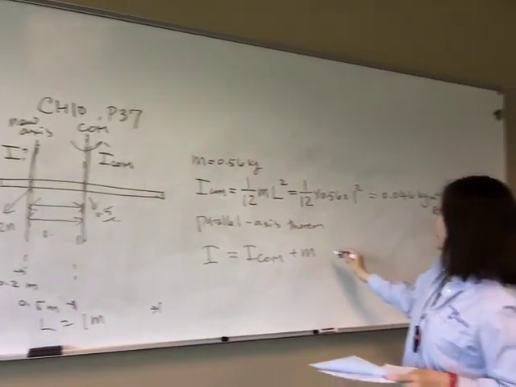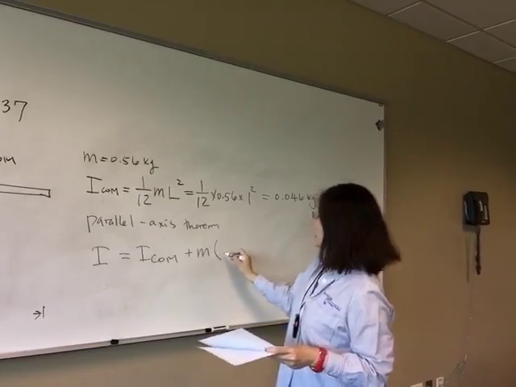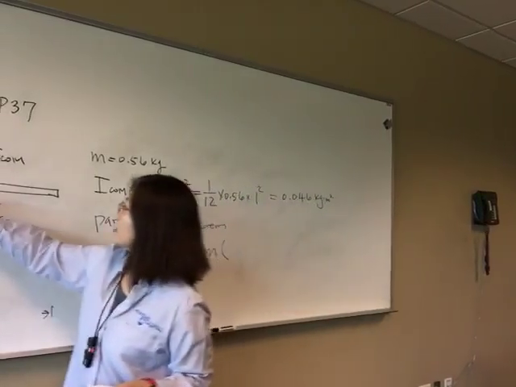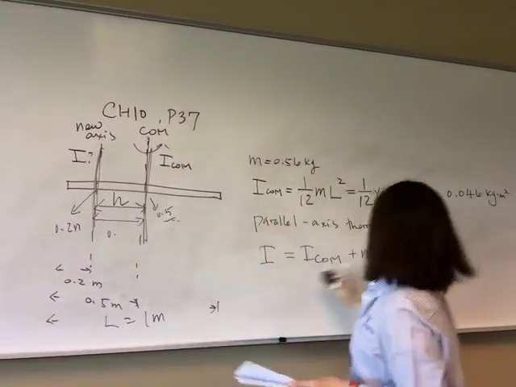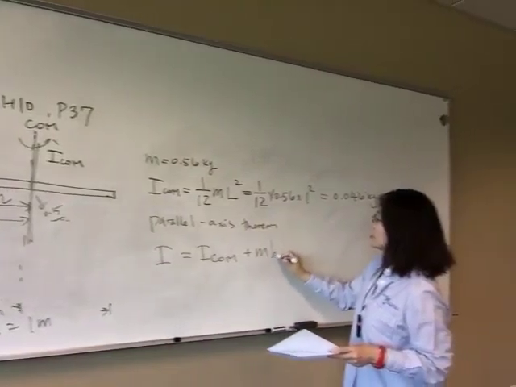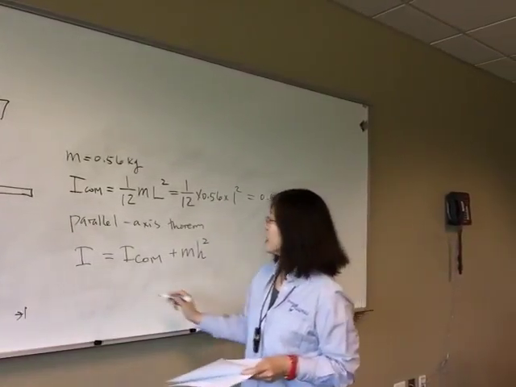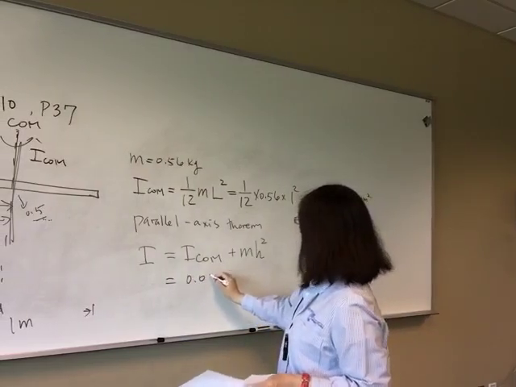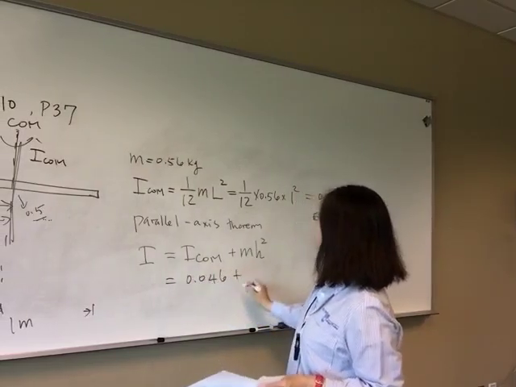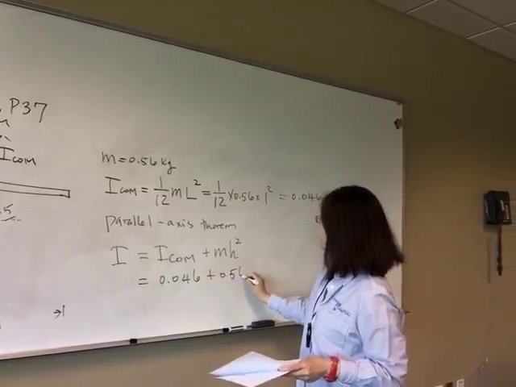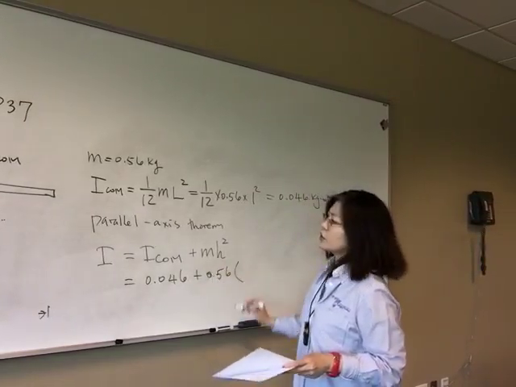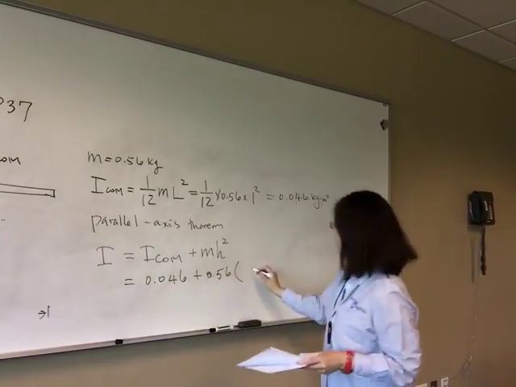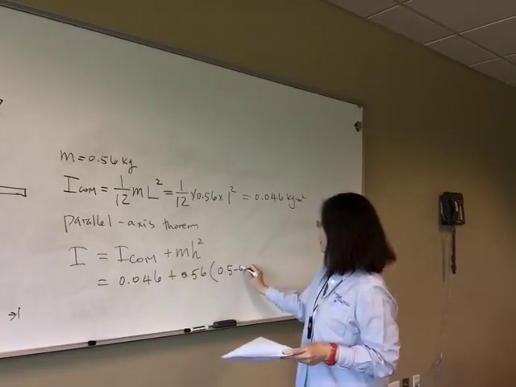Okay, so let me just write down. Let me call that h. So you have your m and then h squared. Okay, so now you have I_COM is 0.046, plus the mass, 0.56, times your h. Your h is 0.5 minus 0.2.